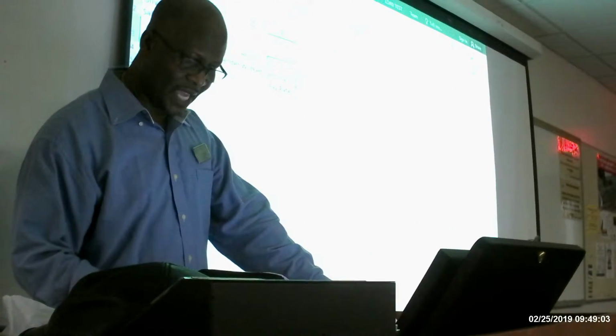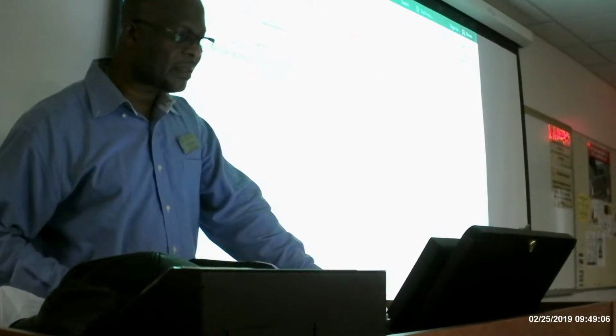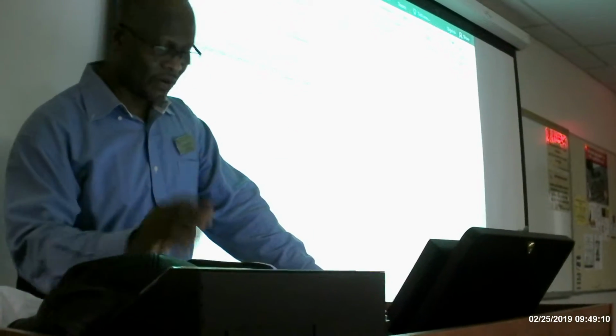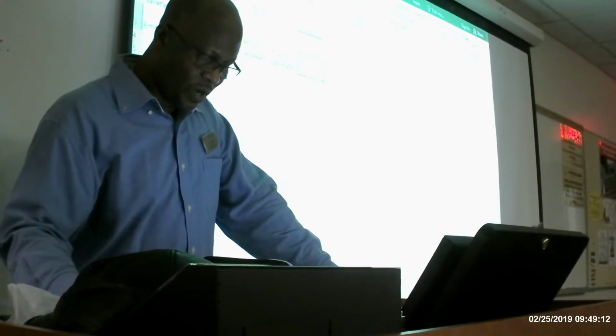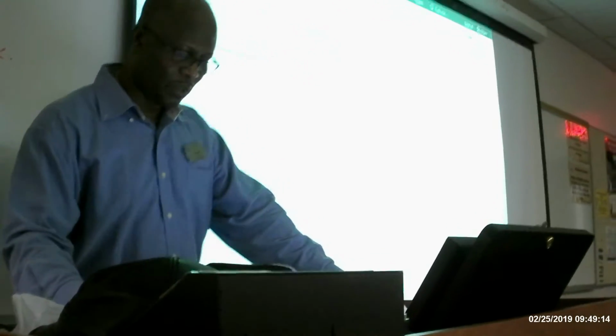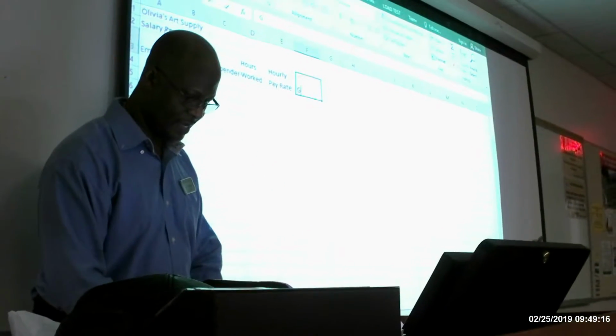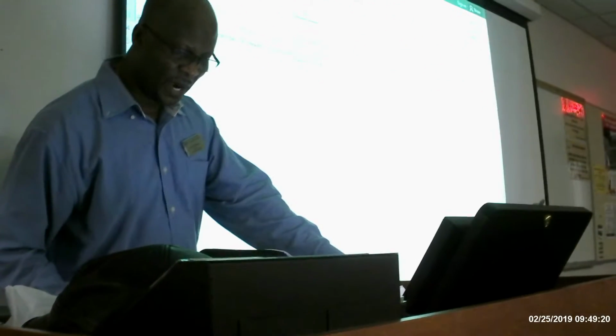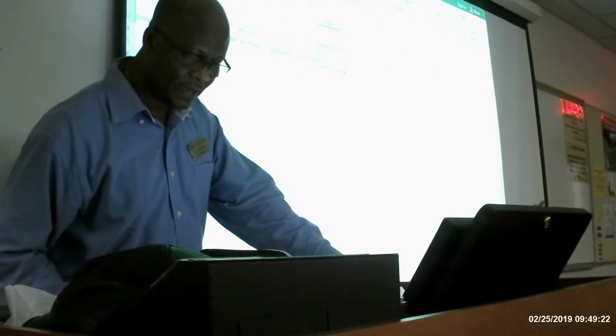Okay, so once you type pay rate and press the right arrow key, so now we have the hours worked and then hourly pay rate. Then we go to step 6, type gross pay in F3, and press the right arrow key.